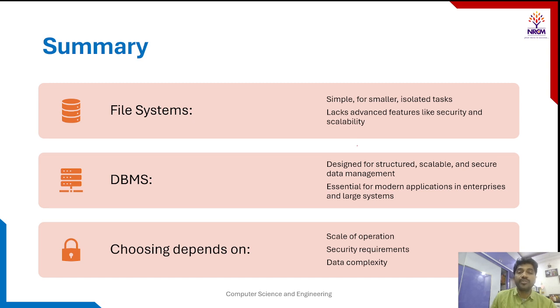It is designed for structured, scalable and secure data management, essential for modern enterprise applications. Choose depending on the scale of operations, right? How big the application is, the size of the application, the security requirements and data complexity. Based on these parameters, you are going to choose whether the application fits the file system or the DBMS.